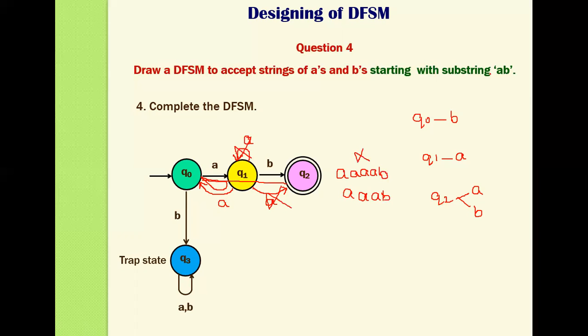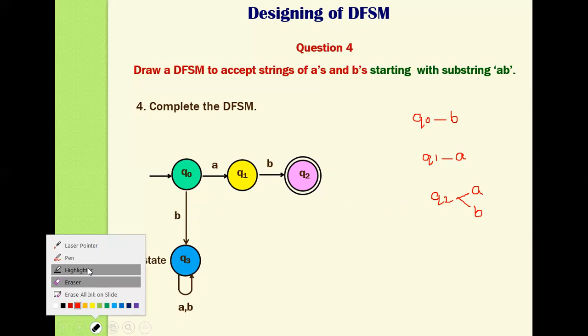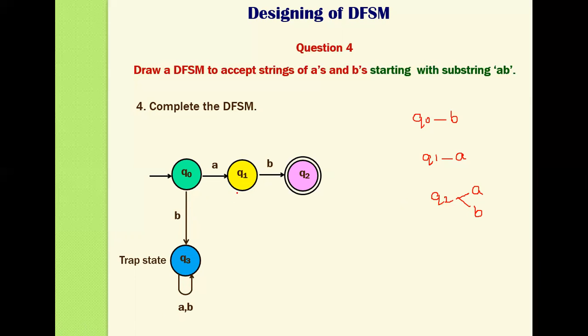It must start with AB, so again this is not possible. We tried a self loop, forward transition, and backward transition. Nothing worked out, so you must put that into a trap state. So Q1 upon A will go to the trap state.